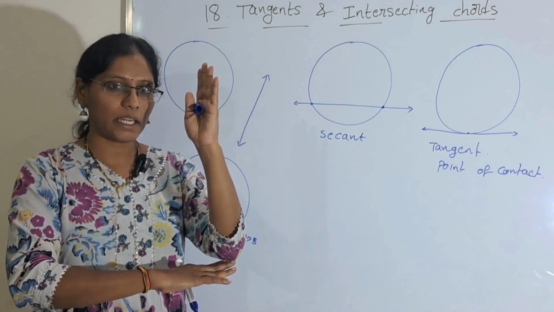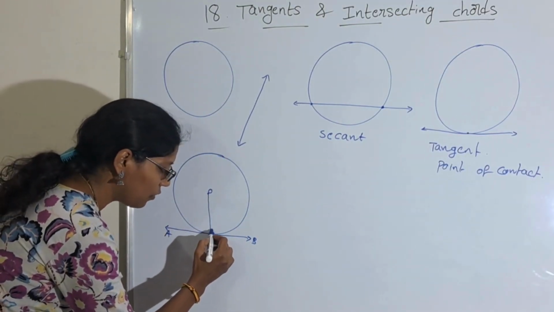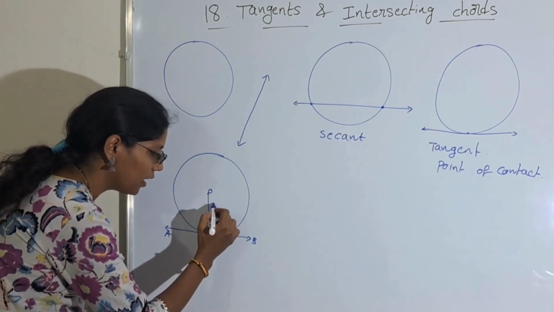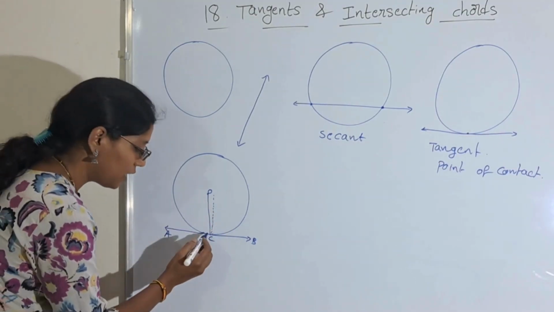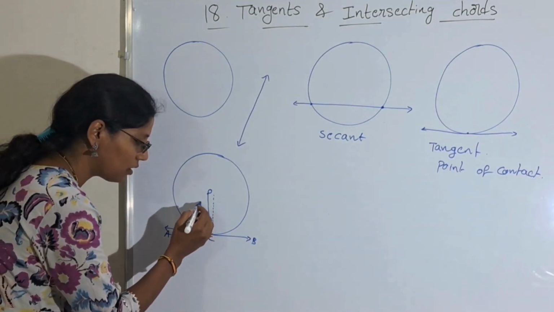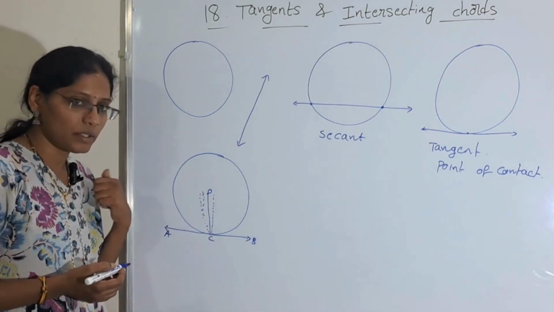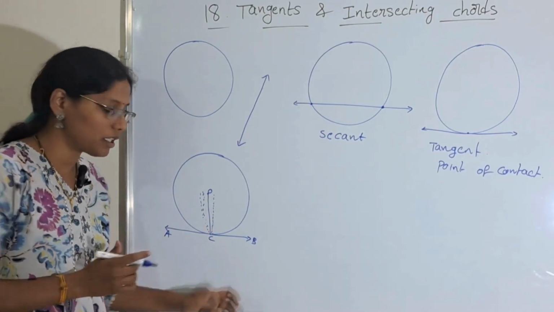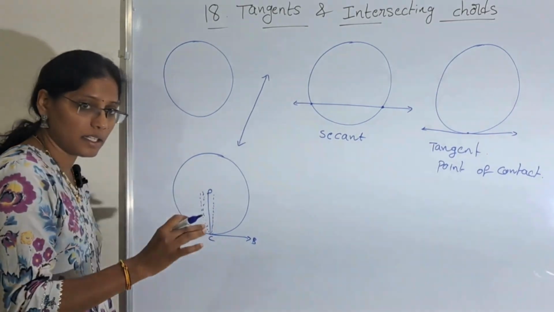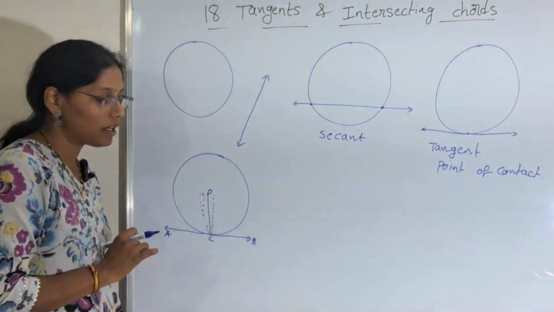If you take any one extra line here, that is not exactly 90 degrees to the tangent. Here also, any line we can take parallel to OC, but that is not exactly 90 degrees to the tangent. So OC is 90 degrees. OC and AB are perpendicular lines.